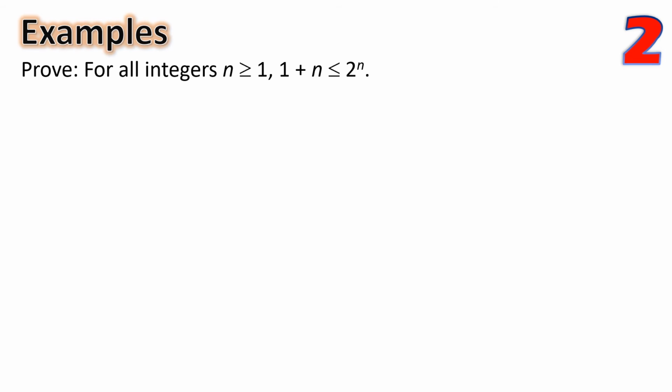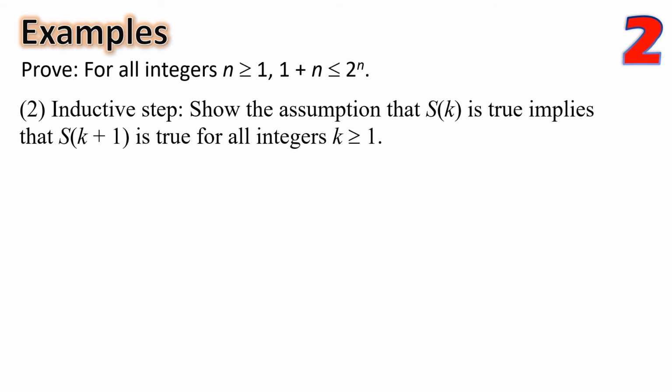Our inductive step will be to show that the assumption that S of k is true implies that S of k plus 1 is true for all integers k greater than or equal to 1. Our inductive assumption, S of k, will be 1 plus k is less than or equal to 2 raised to k. From here, we're going to show that when n is equal to k plus 1, the statement is true.